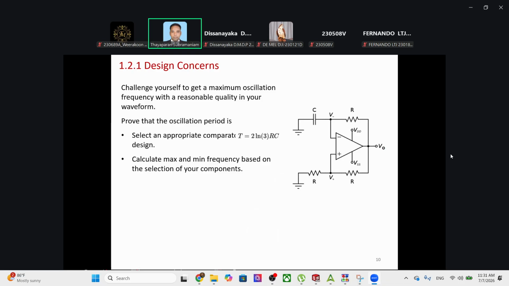It is R1 over R2 into R1, then you bring the R1 down, 1 over 1 plus R1 over R2, and then you get the maximum, minimum and all those things. Depending on the tolerance, you will get the maximum and minimum value. So that is what is going to affect the output.